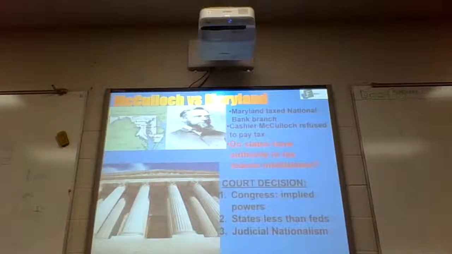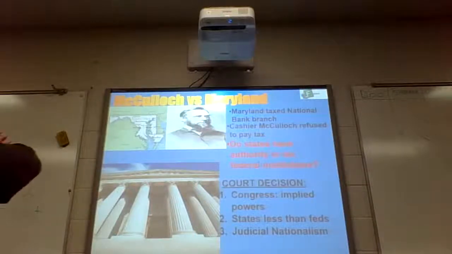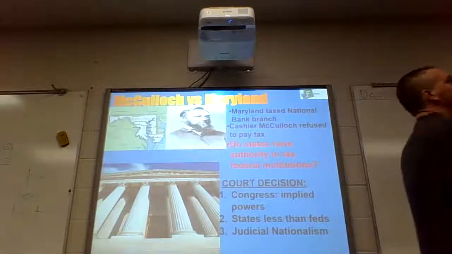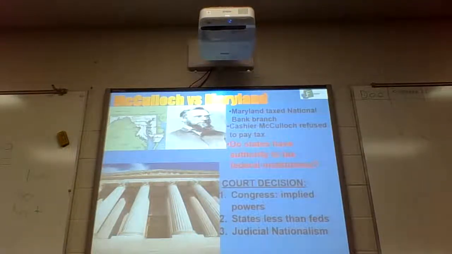This idea is called judicial nationalism. The Supreme Court, judges, sided with the nation. So, for example, later on in this class, we will study Brown v. Board of Education. In 1954, the Supreme Court said all schools must desegregate based on race.